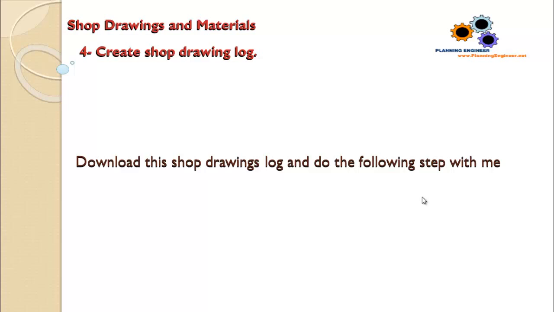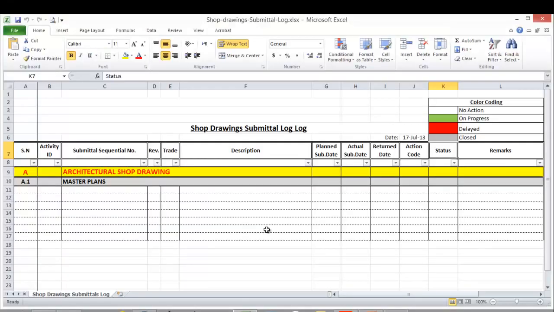So let's go and see how to create this shop drawing log and what is the benefit of Primavera dates, how it can help us in this process. This is our sample shop drawing submittal log. We have here some columns. This is serial number, this is activity ID, this is submittal sequence number.